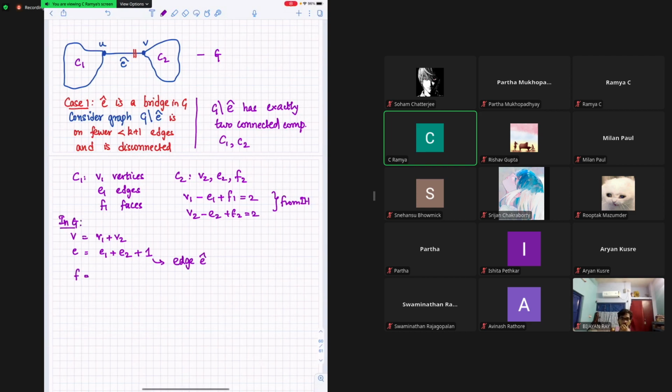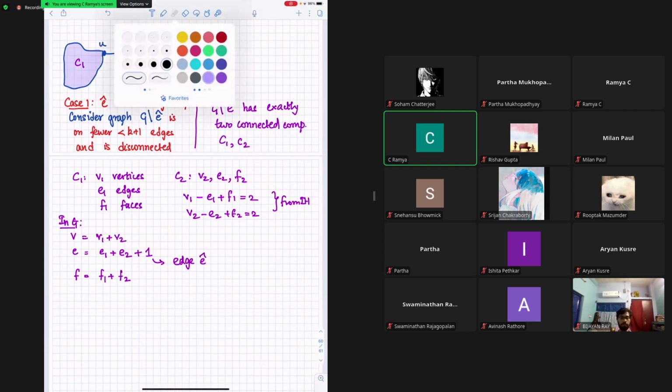Now what can you say about the number of faces? How do you connect F with F1 and F2? It should be F1 plus F2 minus 1, because the external region is counted twice. If you look at the regions in C1, let's say it has F1 faces, and C2 has F2 faces.